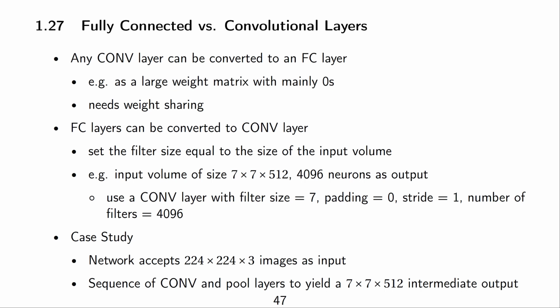We can convert fully connected layers to convolutional layers and convolutional layers to fully connected layers. First, any convolutional layer can be converted to a fully connected layer. What you need to do is simply create a weight matrix for the fully connected layer, and we can observe that this weight matrix would have a lot of zeros. Also, the parameters of the convolutional layer would be copied many different times, so this would not be explicitly encoded in the fully connected layer.